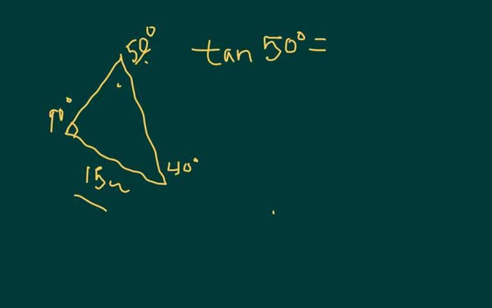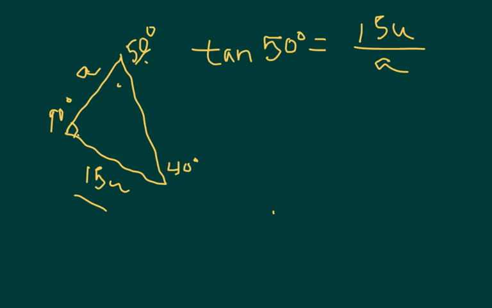So if we wanted to figure out what the other leg is, let's call this leg A, we could use the tangent ratio, which would tell us it's the ratio of the side opposite the 50-degree angle, which is 15, to the side which we're trying to figure out, which is A. To do tangent, you're going to have to hit shift or second, then the trig function, and you're going to have to scroll over.